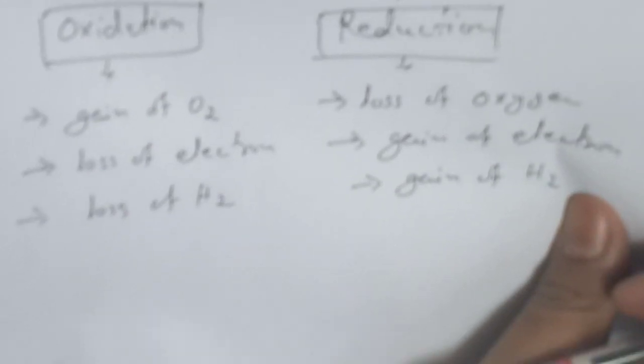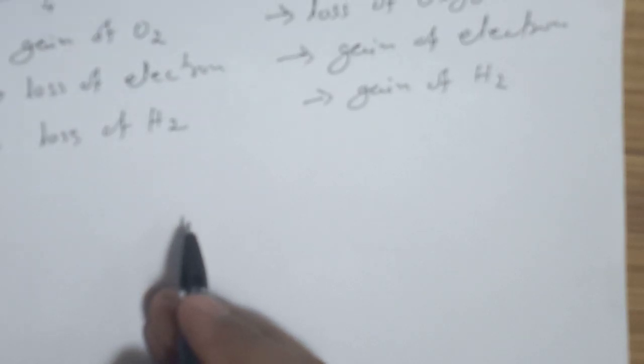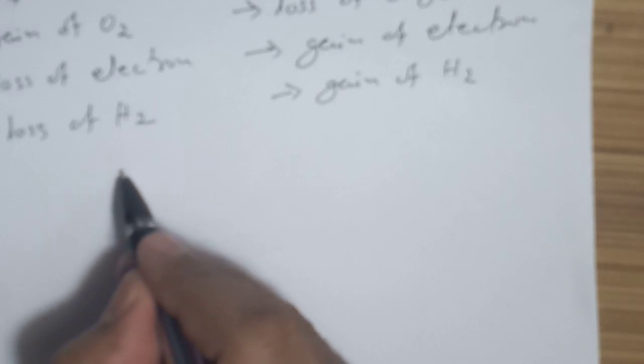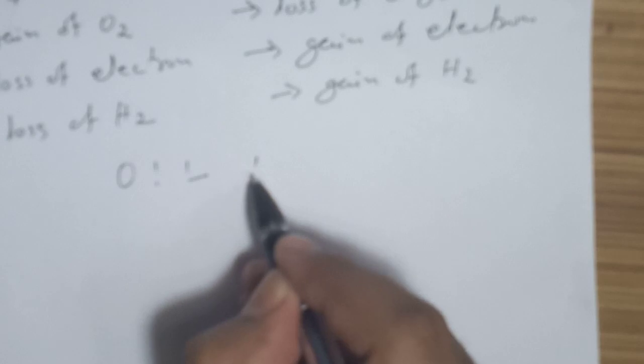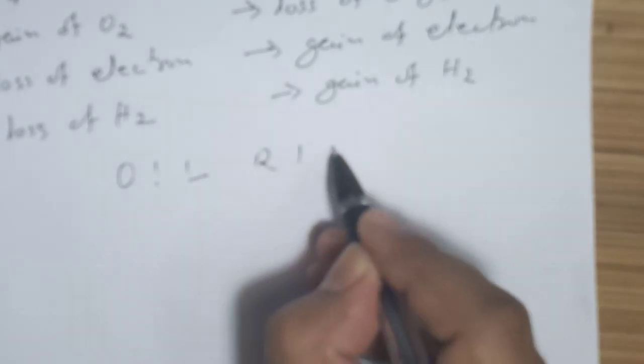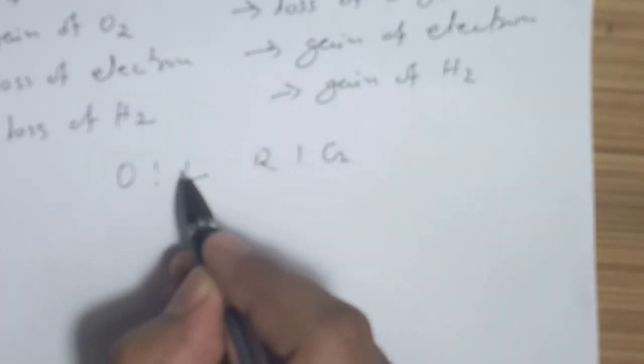So what we have seen here is what oxidation and reduction are. A very common method to learn it is OIL RIG. So what is that?